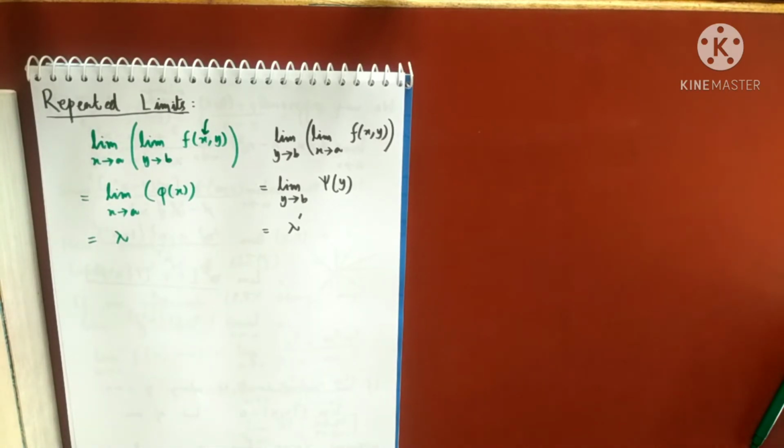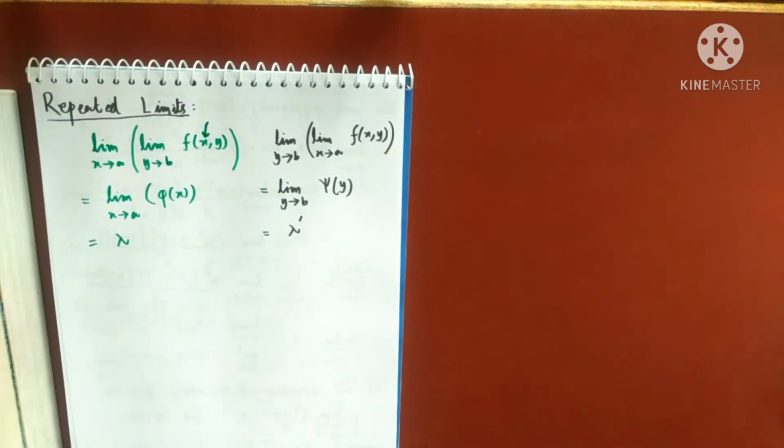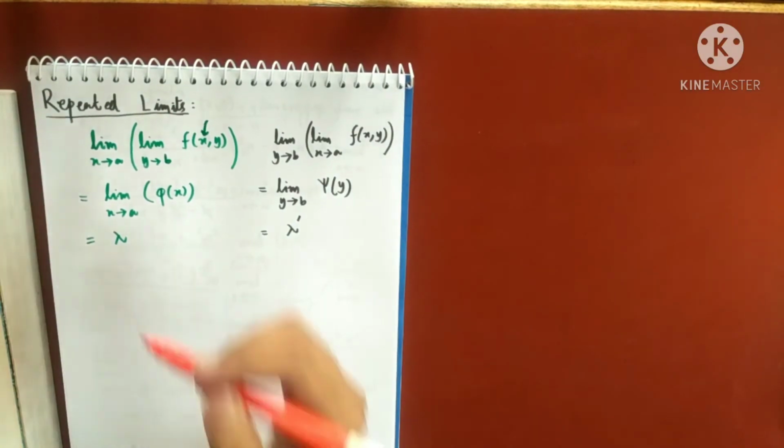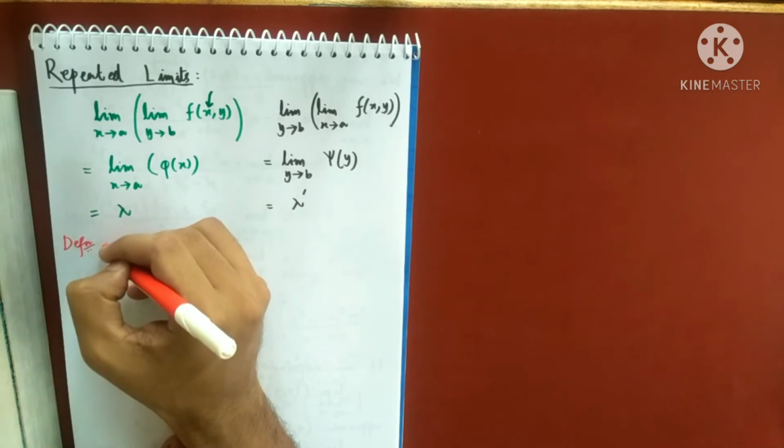So let me first give a very proper definition of repeated limits. Understood what I mean by repeated limits? Basically we are finding limits two times, keeping one variable constant. So let me define it. A very precise definition is this.